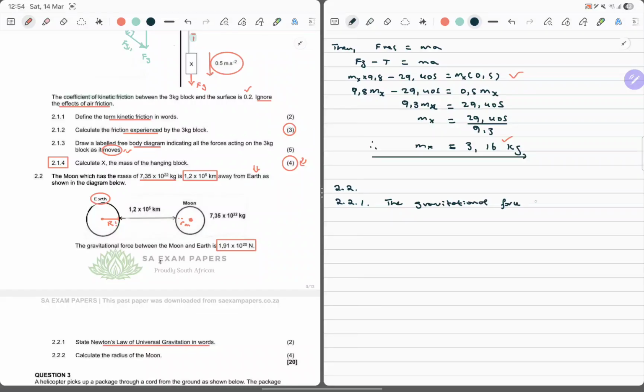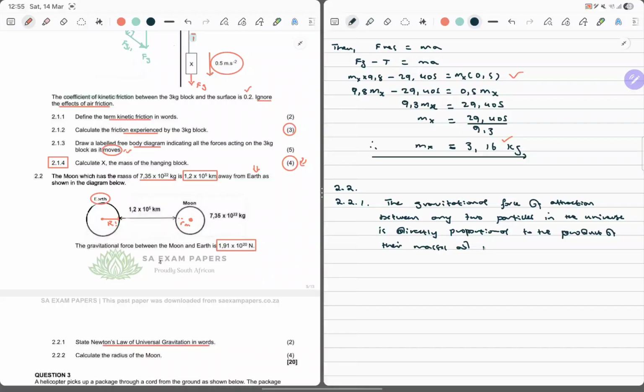The gravitational force of attraction between any two particles in the universe is directly proportional to the product of their masses and inversely proportional to the square of the distance between them.